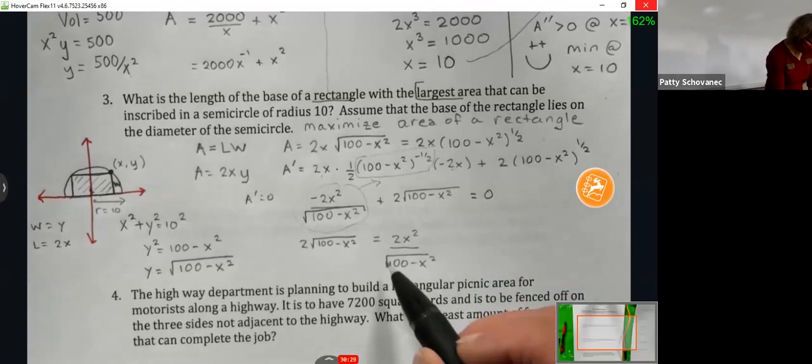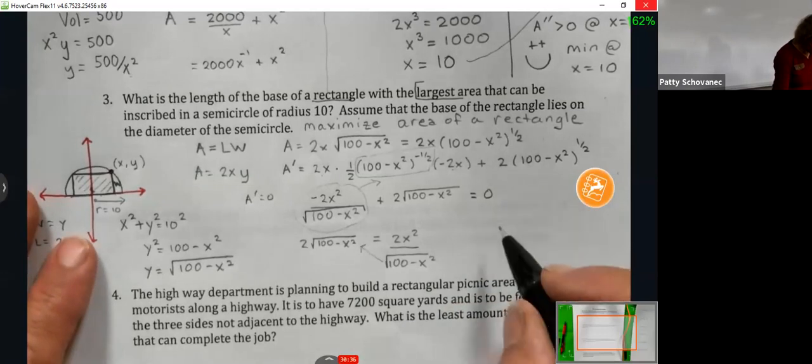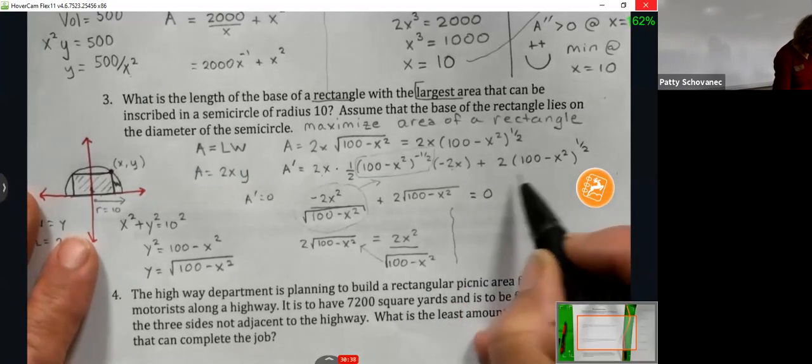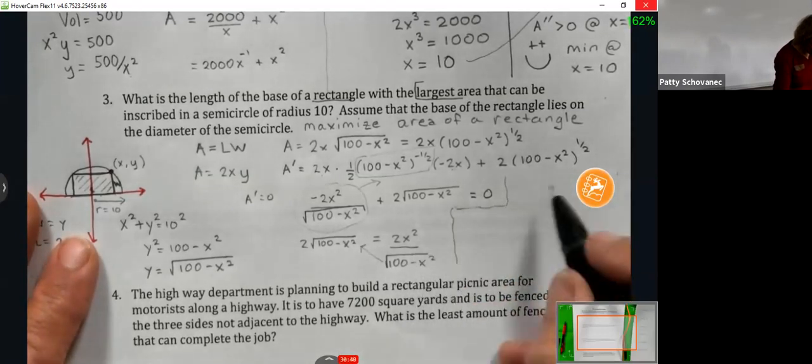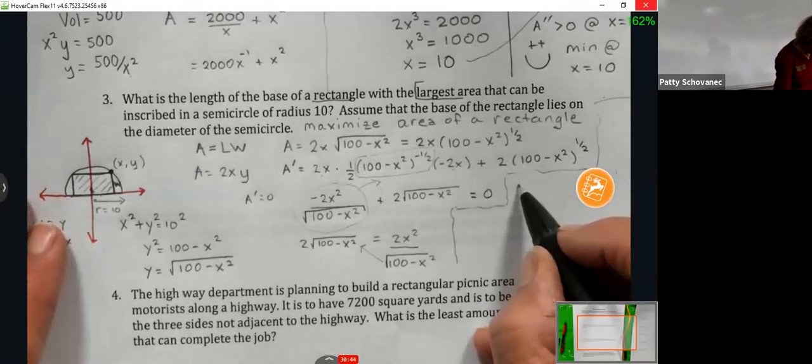Now I'm going to multiply both sides by this, so that's going to put that up here, and the radical sign will be gone. Let's put it right here.